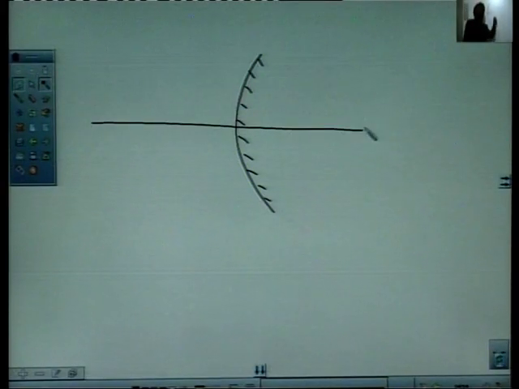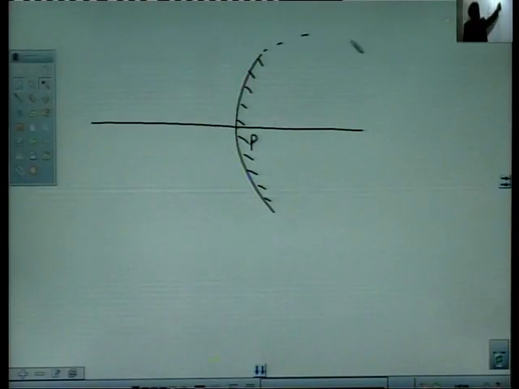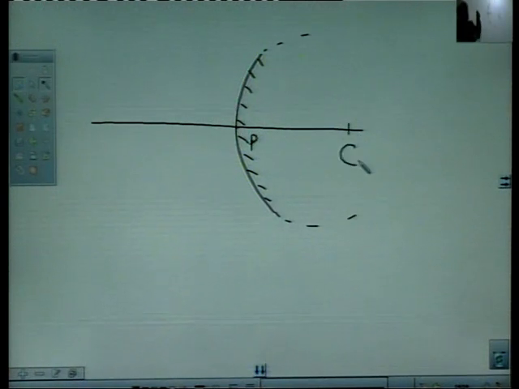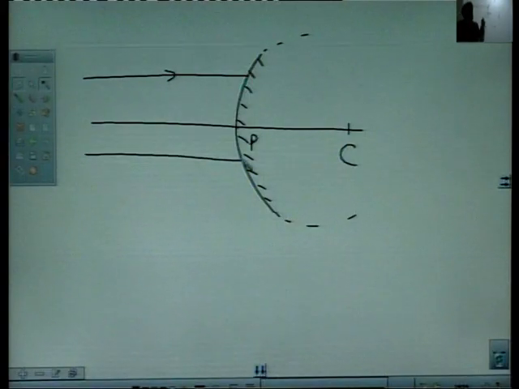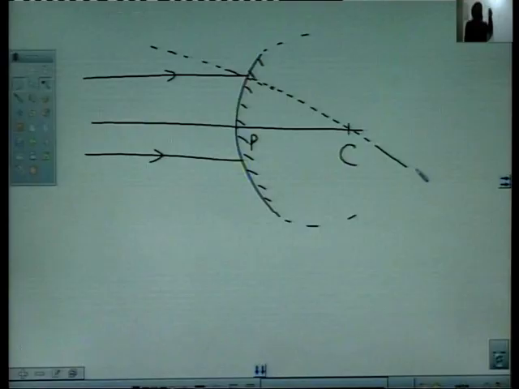If the mirror was convex, then this is the pole, this is the center of curvature. A ray of light, this straight line passing through C is taken as normal.